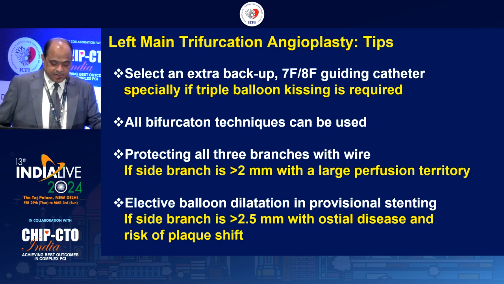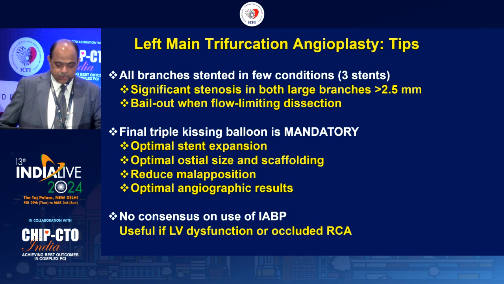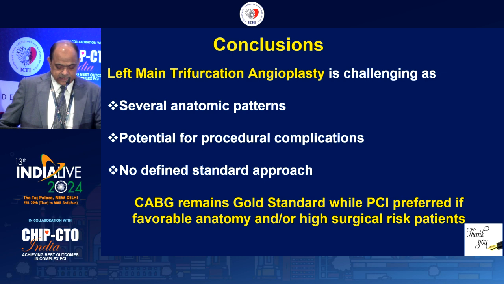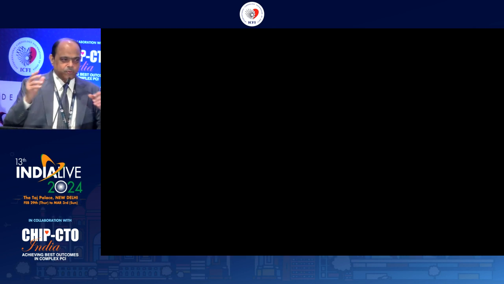See, the same bifurcation techniques can be used. You know that you have to do POT and this, that, so I'm not discussing this. Now I've left it for your discussion. Any specific points and alternative thoughts you can give. It's open.